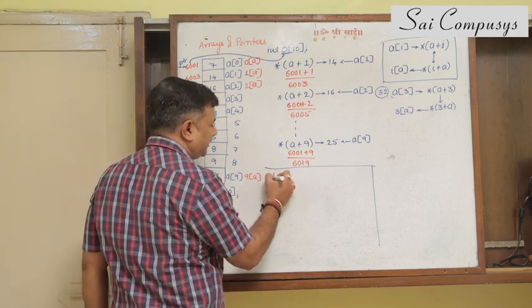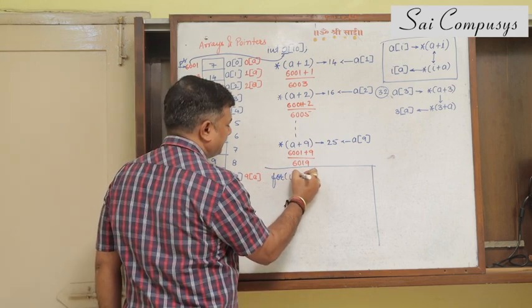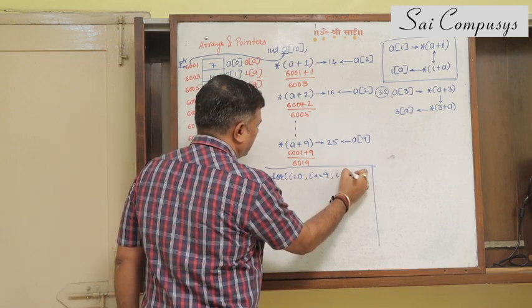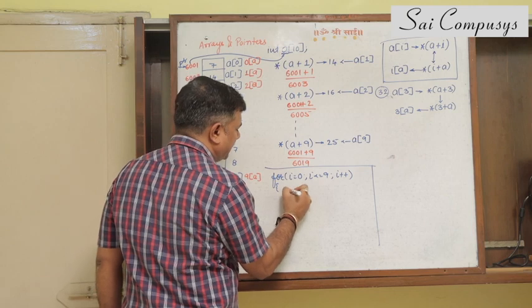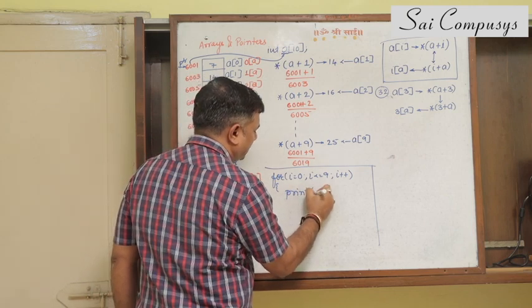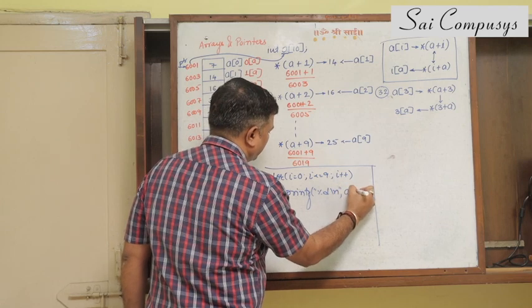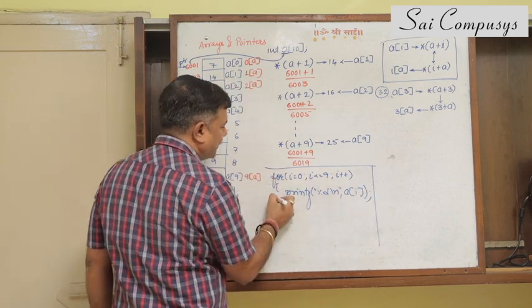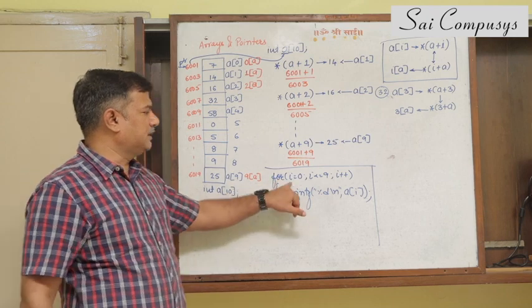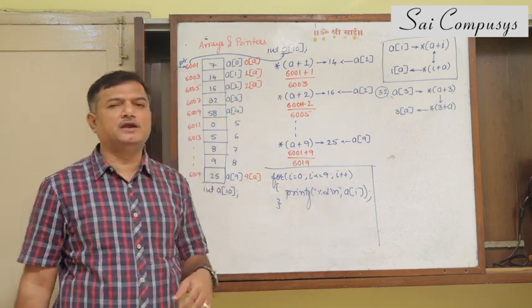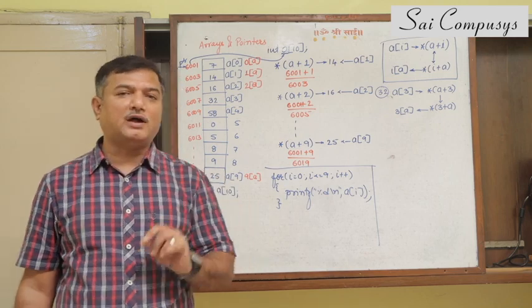I use a loop starting from the 0th position, varying till the 9th position, I plus plus, and I print each element individually by writing %d \n A of I. This is how you access each element of the array, by using a loop which varies the position, and each element is accessed individually inside the loop as A of I.